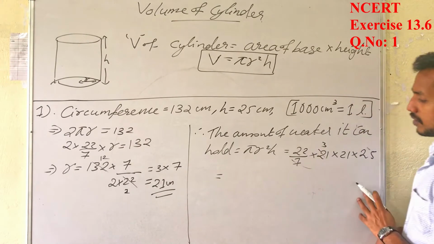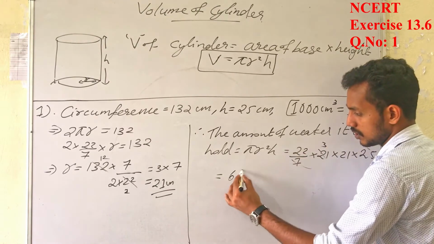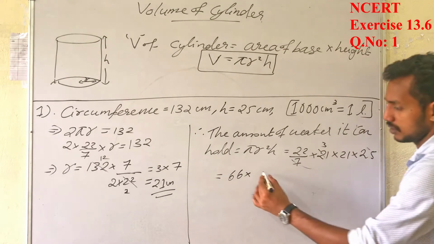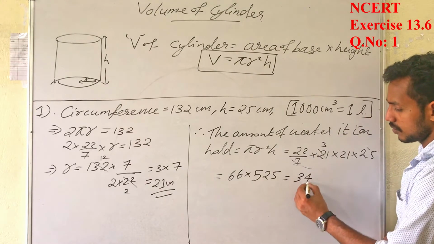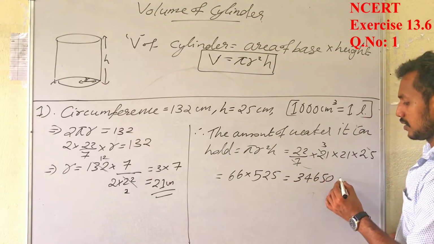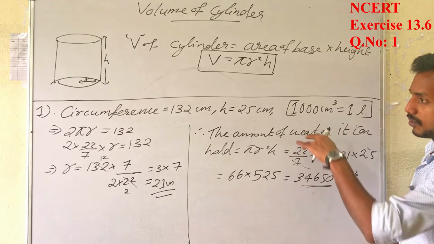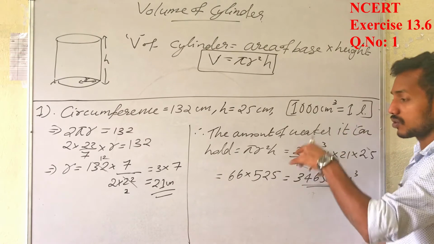Cancel with the 3, 22 into 3 is 66, into 21 into 25, 250, 500, 525. That is equal to 34,650 centimeter cube.